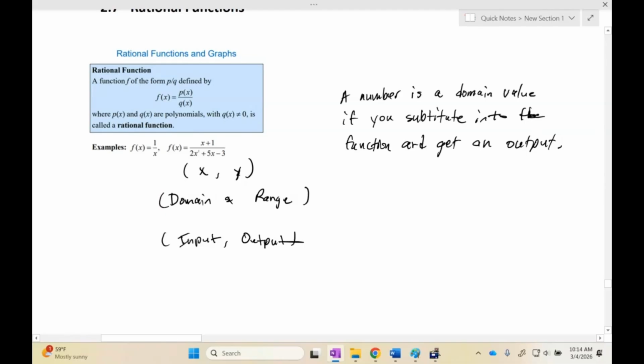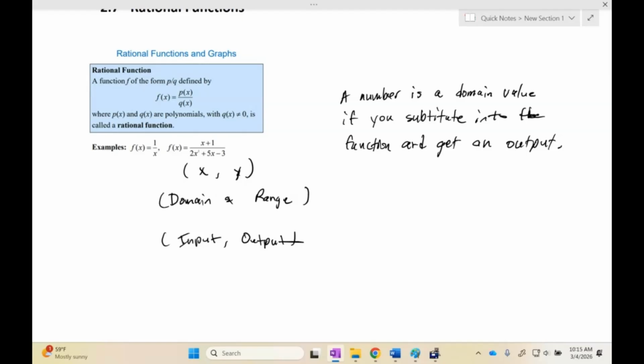We kind of talked about this. You can only use a number as a domain value if you stick it in the function and then it spits a number back. If it spits you something back that's not a number, then you can't use that as a domain value.